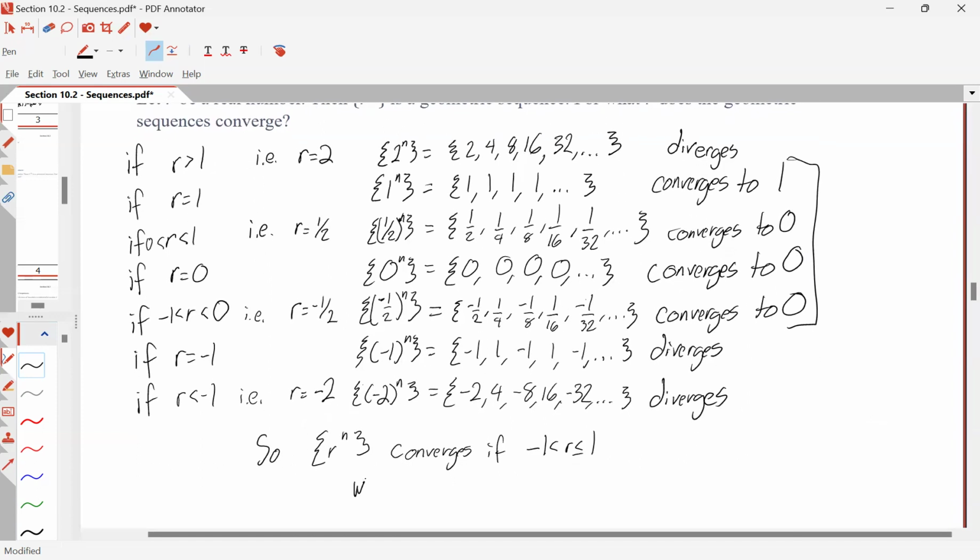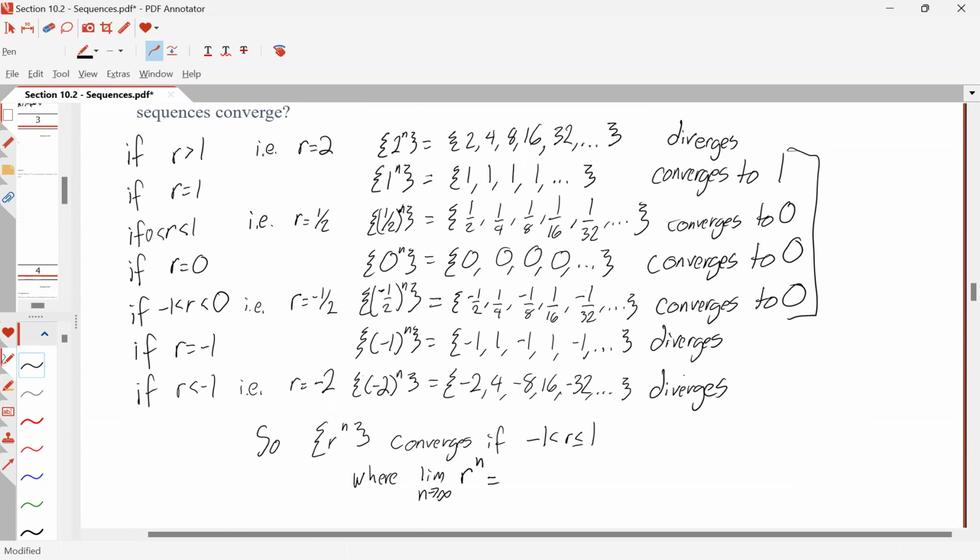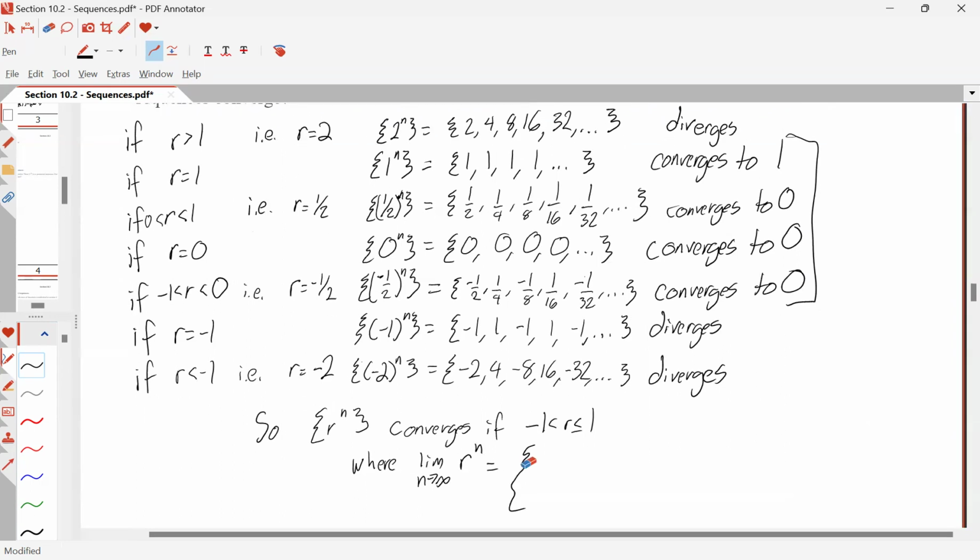Where the limit as n goes to infinity of r to the n equals 0 if the absolute value of r is less than 1.